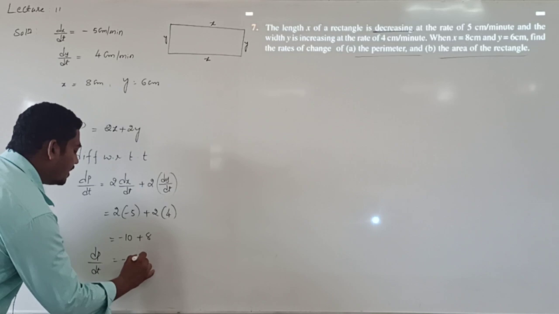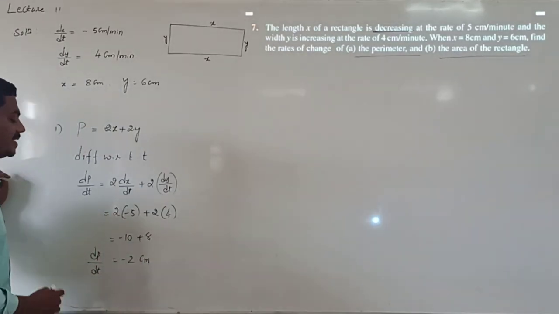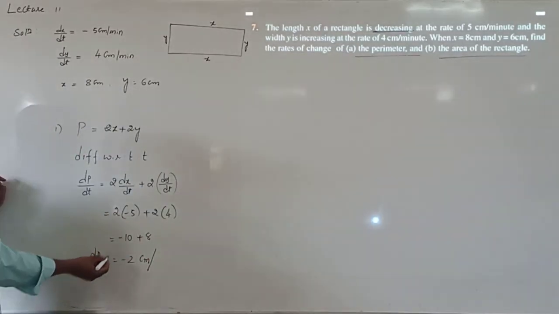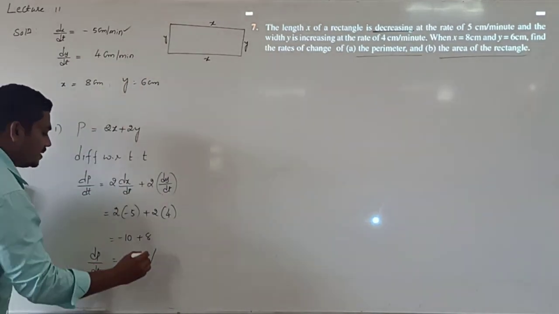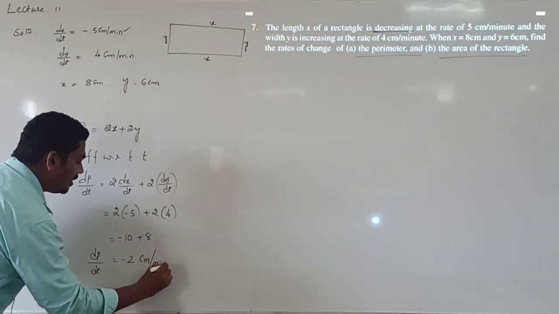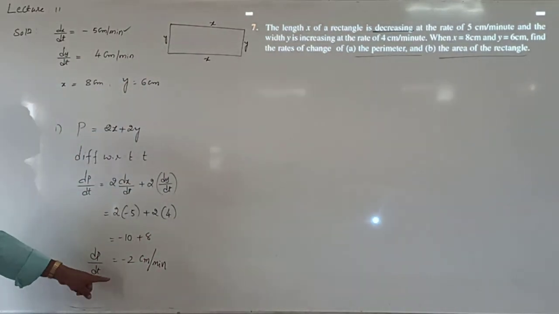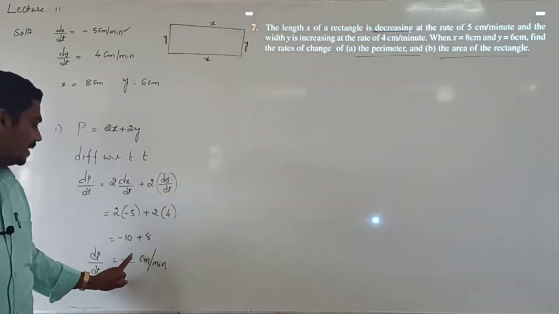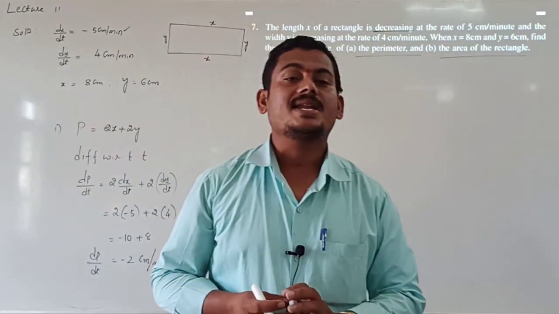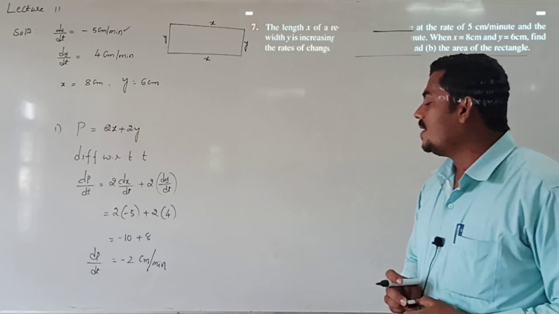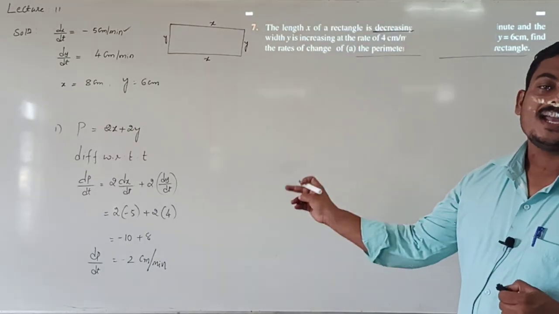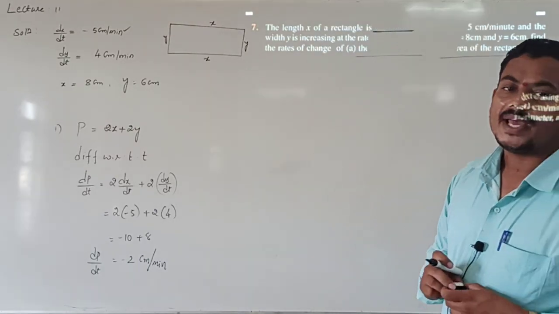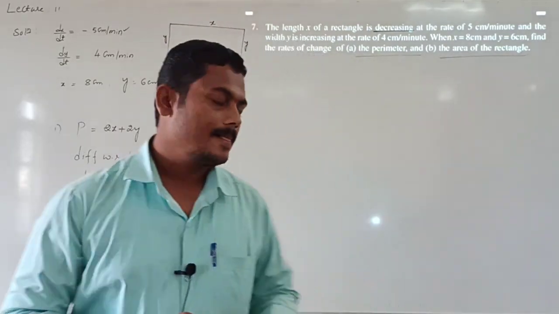What is the unit? Perimeter is measured in centimeter, divided by time measured in minutes, so per minute. This negative sign indicates decreasing. Here we get minus 2 centimeter per minute. That negative sign indicates perimeter is decreasing.